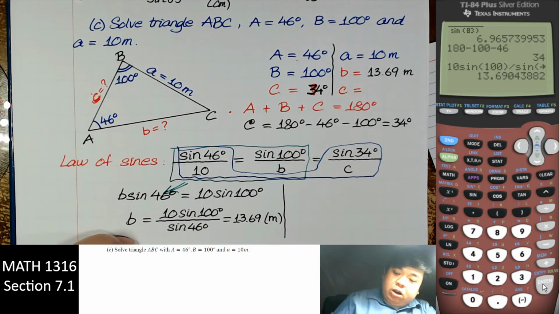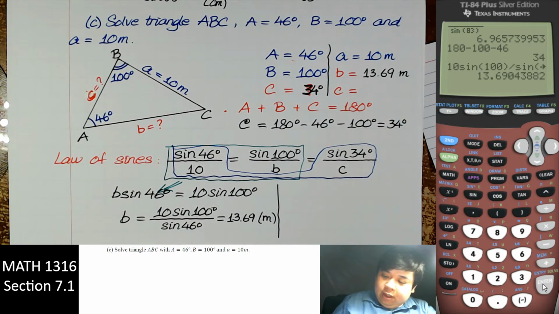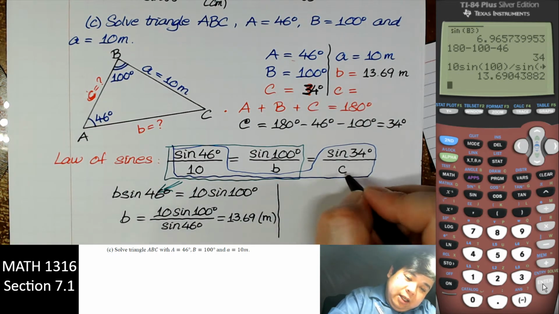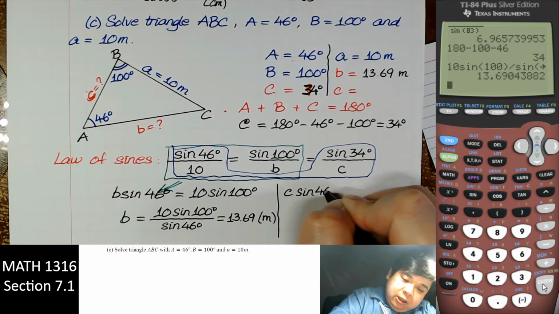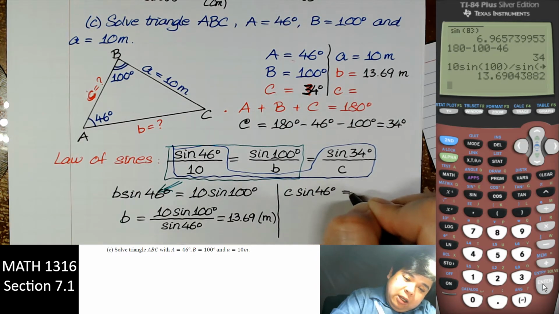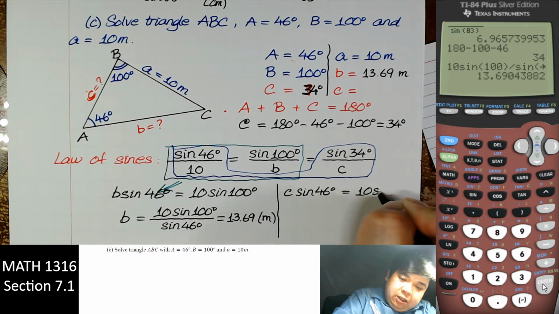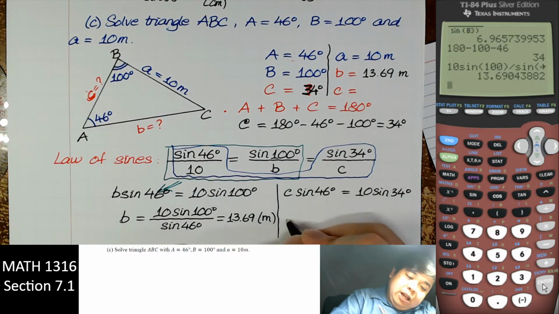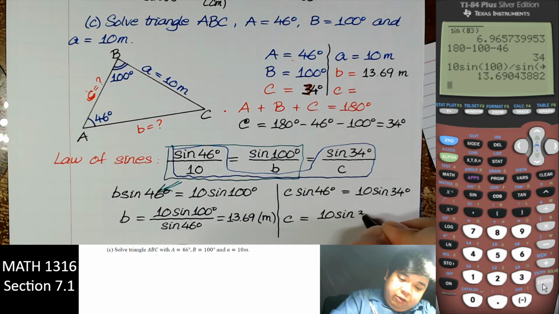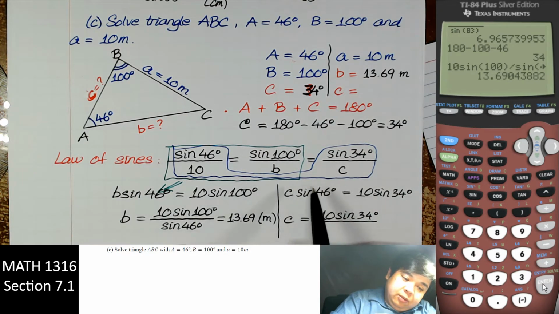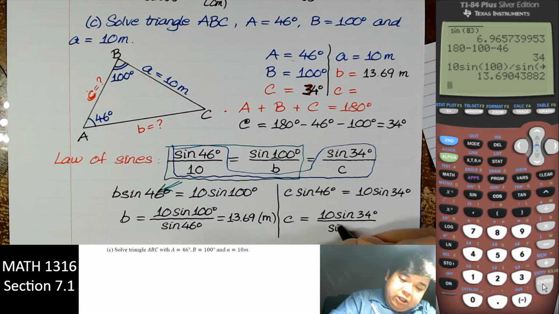and cross multiply, C sine of 46 degrees equals 10 sine of 34 degrees, and then solve for C. C equals 10 sine of 34 degrees divided by sine of 46 degrees.